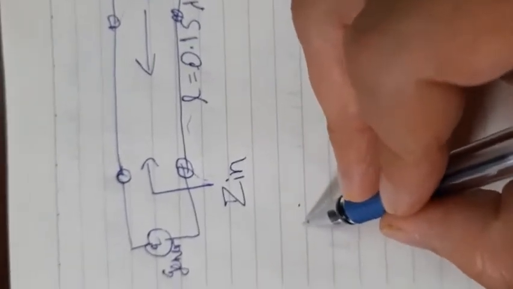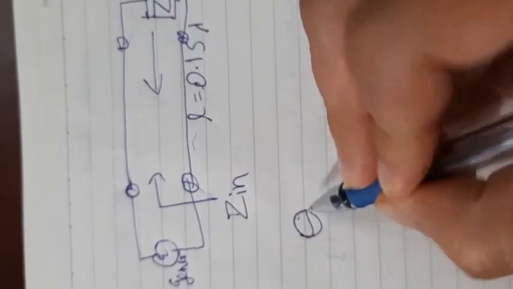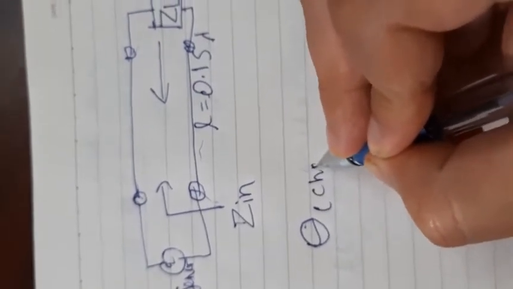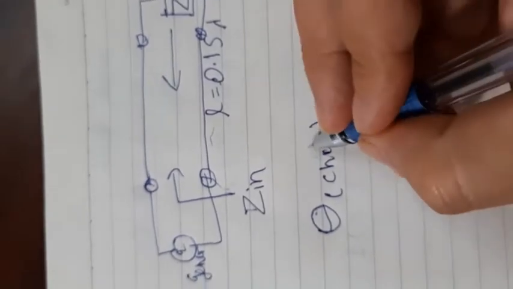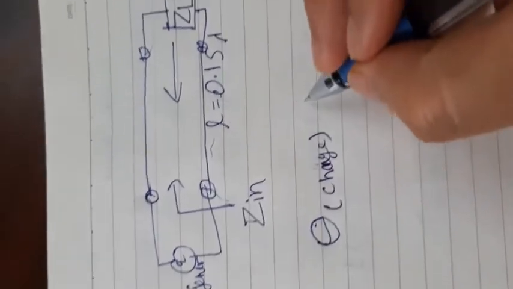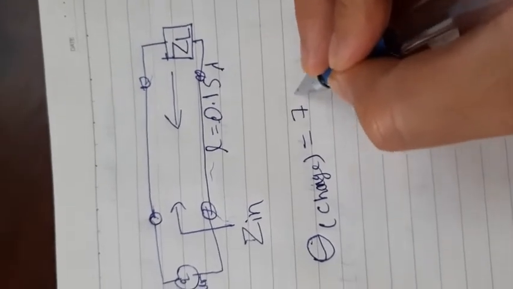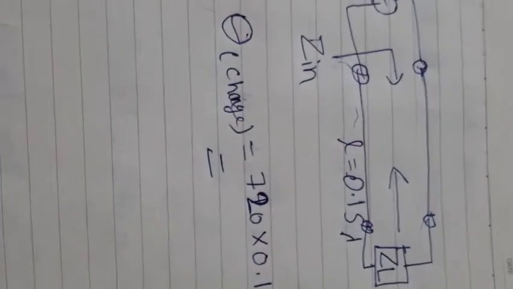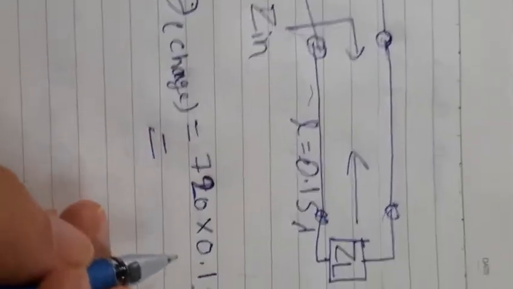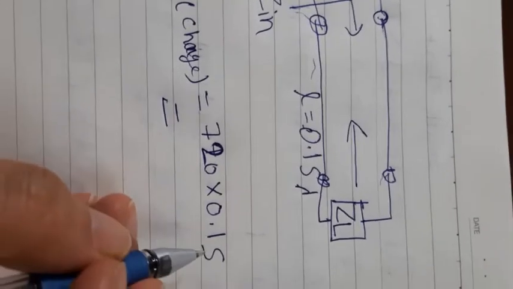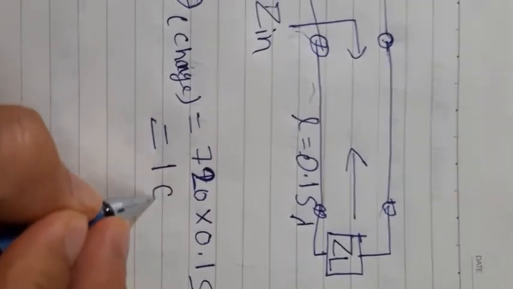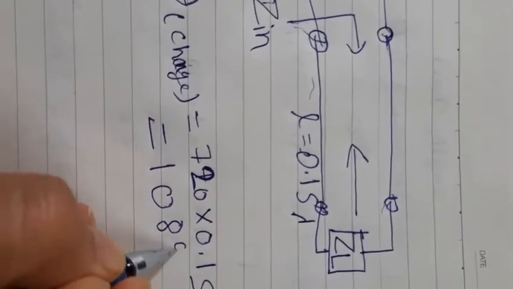So the theta change is given by 720 into 0.15 because the length is 0.15 lambda, so it will become 108 degrees.